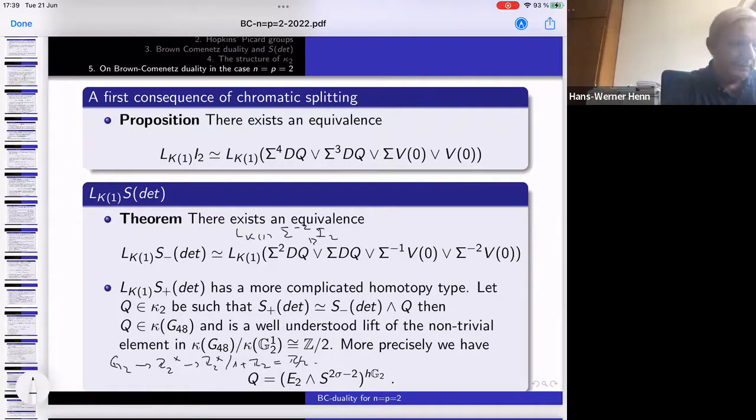You take the smash product E2 smash S2 sigma minus 2 with a diagonal action of G2, and you take the homotopy fixed points.